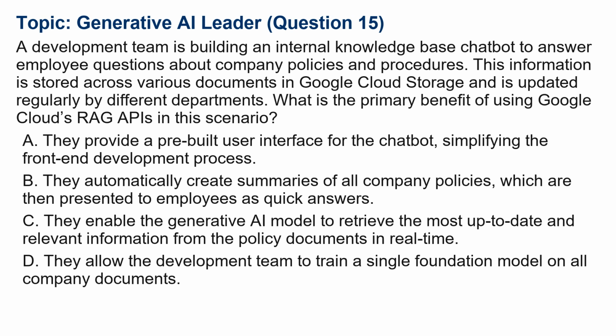A. They provide a pre-built user interface for the chatbot, simplifying the front-end development process. B. They automatically create summaries of all company policies, which are then presented to employees as quick answers. C. They enable the generative AI model to retrieve the most up-to-date and relevant information from the policy documents in real time. D. They allow the development team to train a single foundation model on all company documents.